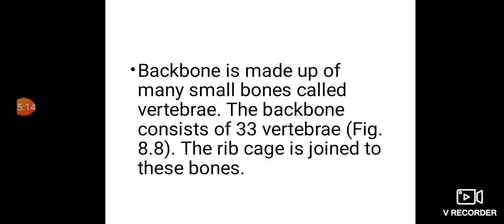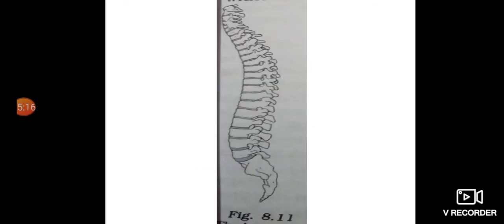The spine protects an important organ of the human body. Which is the important organ? The spinal cord. The spinal cord is a bundle of nerve cells that connects all the parts of the body to the brain.